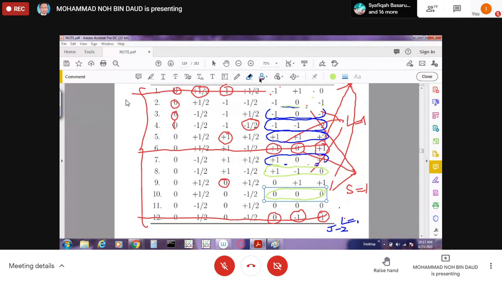The J will be 0. The MS plus 1, negative 1, 0. So we get here the S is 1. L, negative 1 to plus 1 here. In between here is 0. So we'll get here L1. Okay. How about for this one? The L1 here.